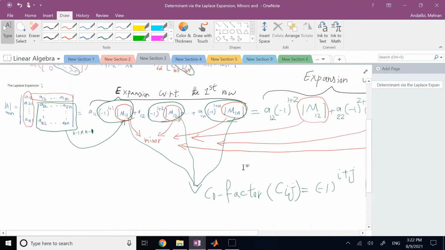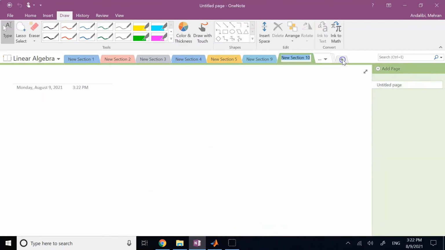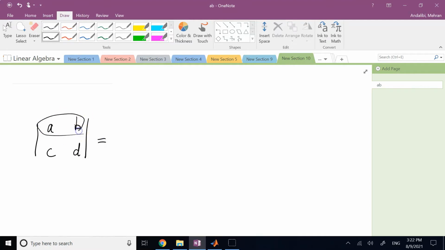And now it is a good time to practice with this. Okay, let's practice with this. And to make life easy, we first start by a 2x2 matrix, which is the simplest. So the determinant of a 2x2 matrix with entries A, B, C, D is equal to what? So let's use the first row and expand, right?